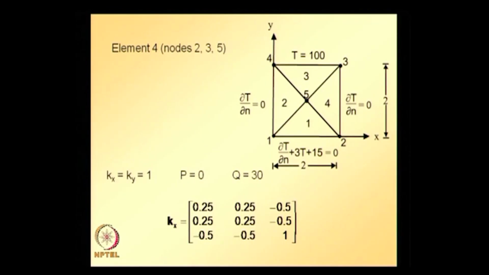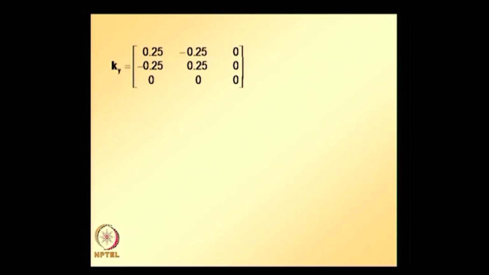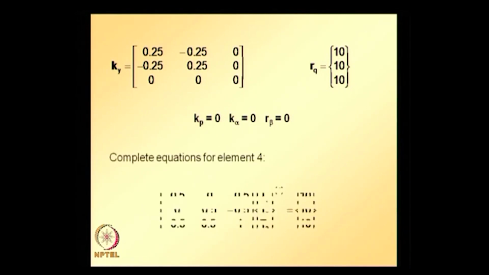We can get Kx, Ky, Rq, and the rest of the matrices and vectors are going to be 0 because P is 0 and alpha is 0, beta is 0. Complete element equations for element 4 are these.